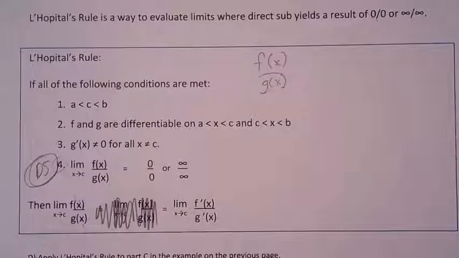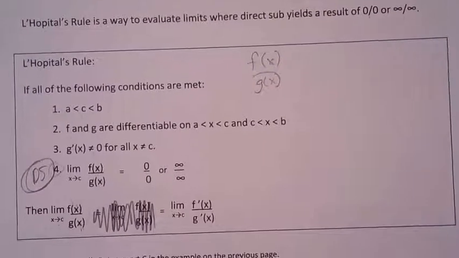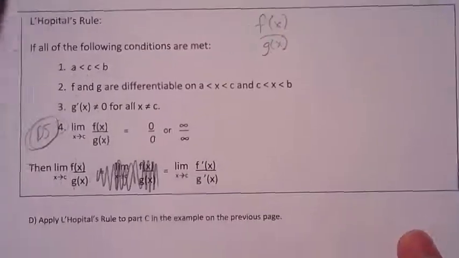So L'Hopital's rule is actually kind of like the quotient rule that people would make up for themselves if the quotient rule didn't exist. So when we first started doing quotient rule, and this is why I don't like teaching L'Hopital's rule early in the year, if you have a function like this, and I say, hey, what's the derivative of this function?